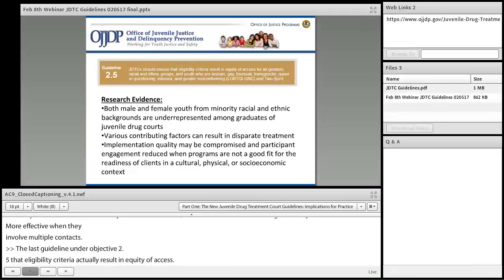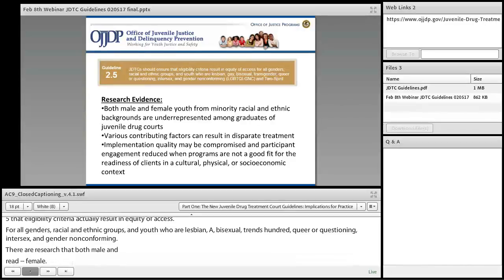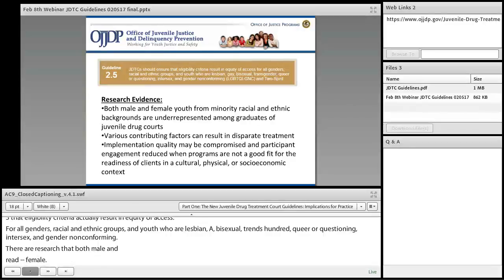And again, there's lots of research here that both male and female youth from minority, racial, and ethnic backgrounds are underrepresented among the graduates, right? They might not be underrepresented entering the programs, but they're underrepresented among the graduates. So they're not doing as well in the programs.